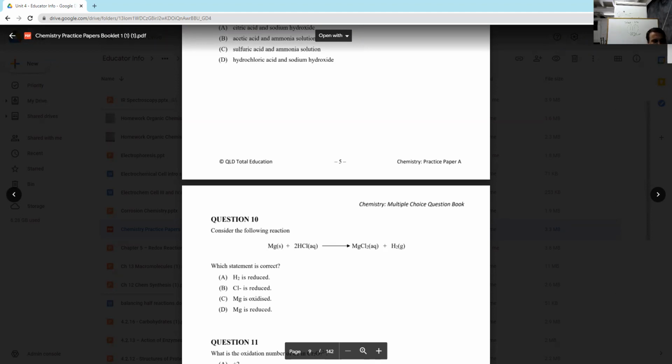So for this question, you would need to be thinking of the oxidation states. So Mg is magnesium in its elemental state.